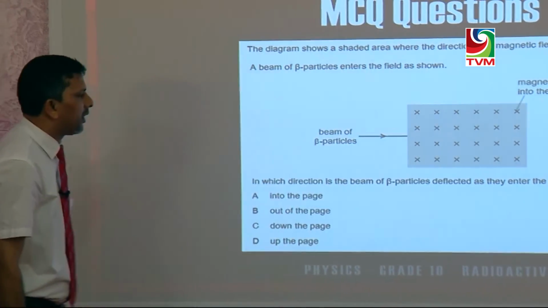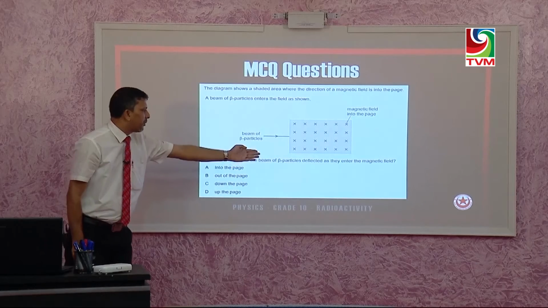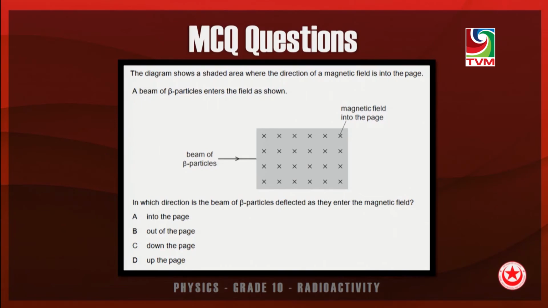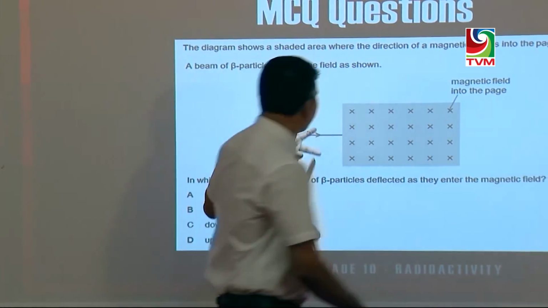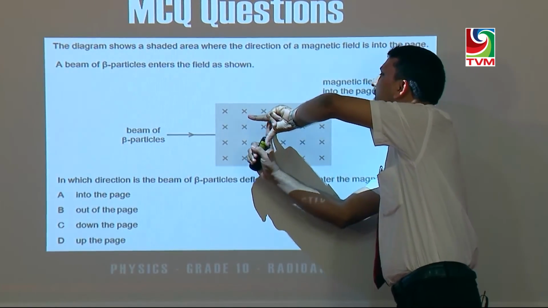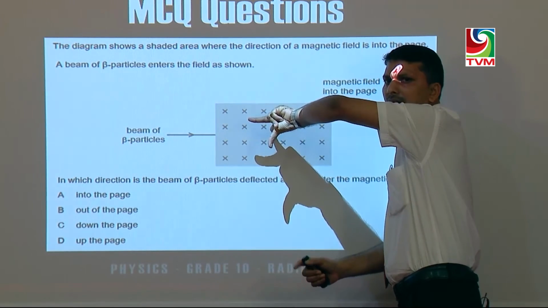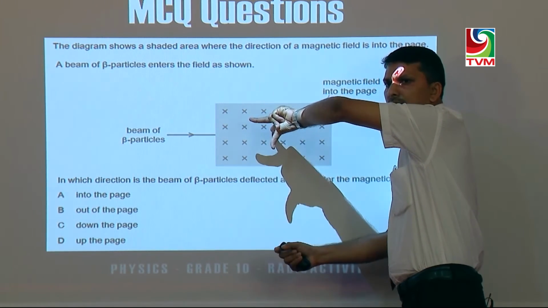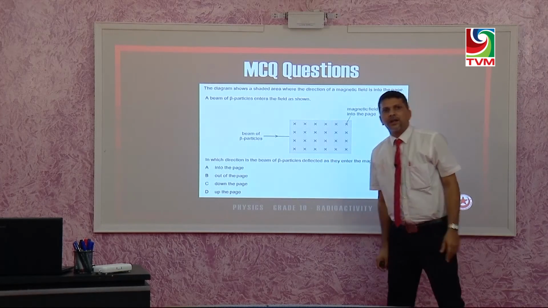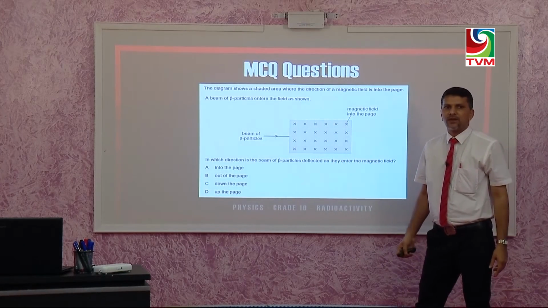In which direction is the beam of beta particles deflected as they enter the magnetic field? Into the page, out of the page, down the page, up the page. So once again, magnetic field is into the page, current is opposite to the beta particle direction, and the force is downward. So the answer we got is down the page. Understand?